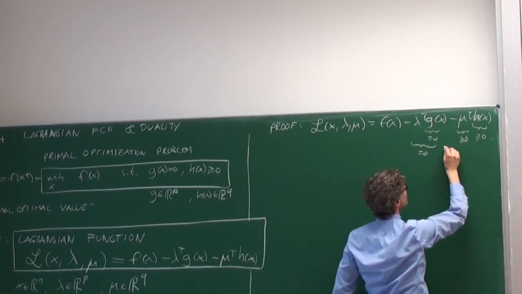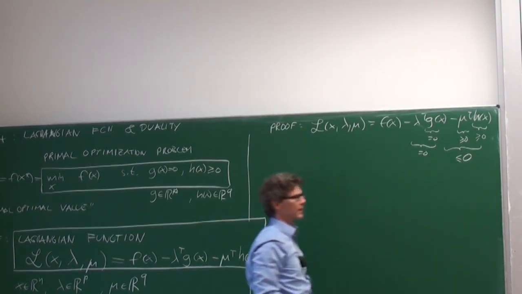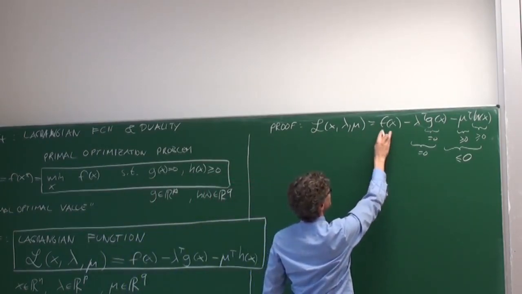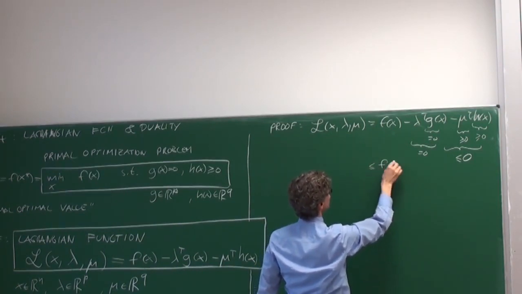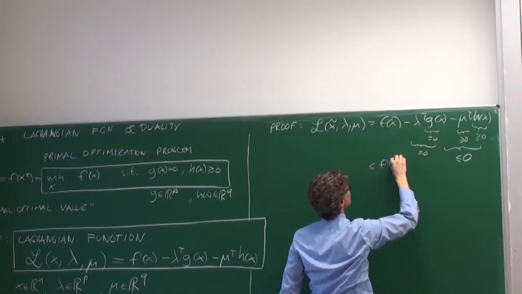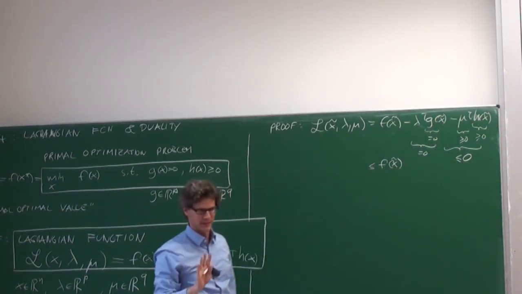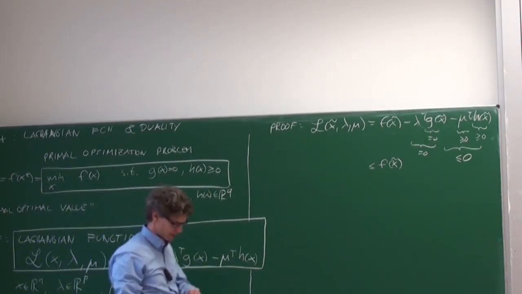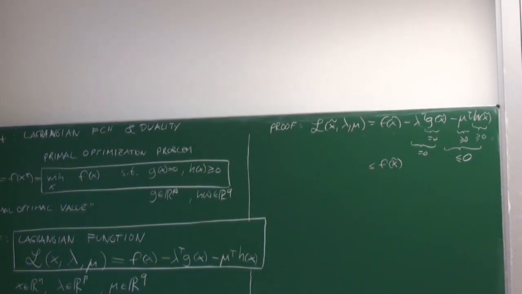And so the whole thing here is smaller than or equal to 0 because of the minus sign. And so then we see that this whole thing is f minus something, so that will be smaller than f of x at a feasible point. Quite trivial, but just something that we can prove easily. So this is so trivial that you say, why did you prove it?